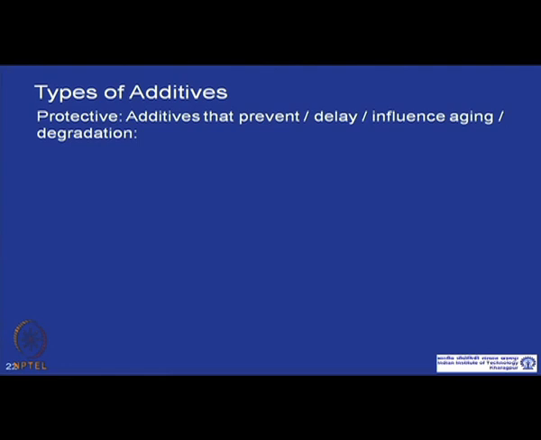So, we can classify the additives in several ways. For example, we can classify them as protective additives, which are the additives that prevent, delay or influence the aging or degradation process of the polymers.